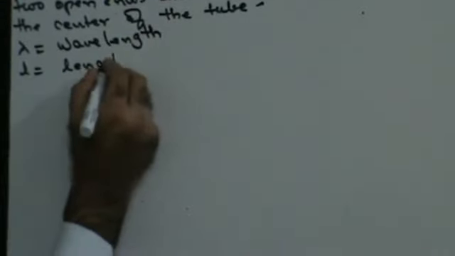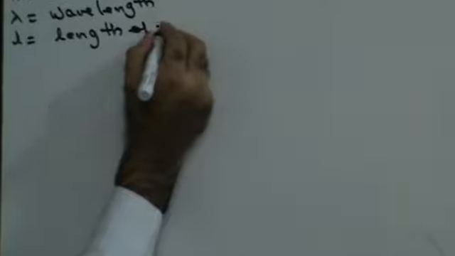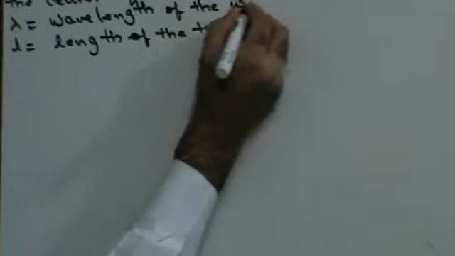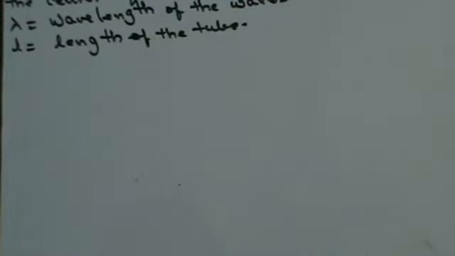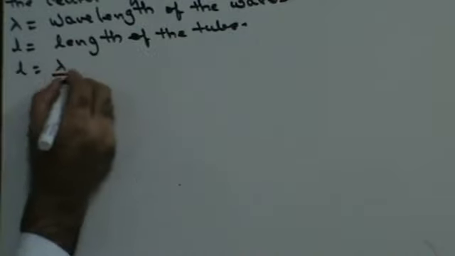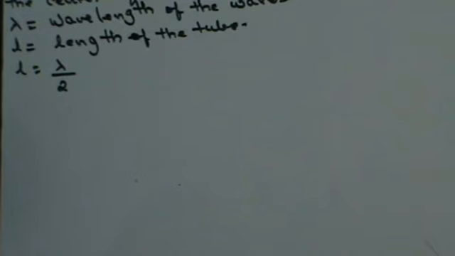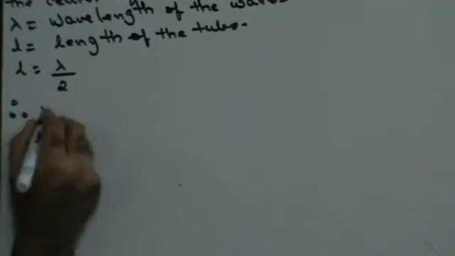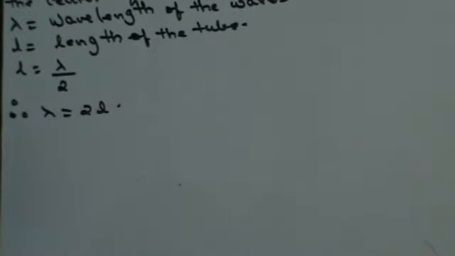From the figure, I can say that the entire length is half lambda, because it is the distance between two consecutive antinodes. Therefore lambda is equal to 2L.